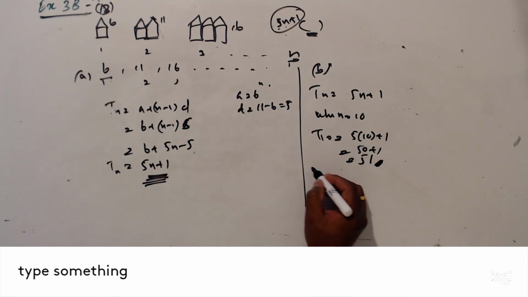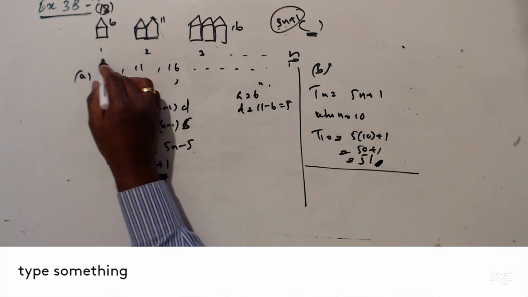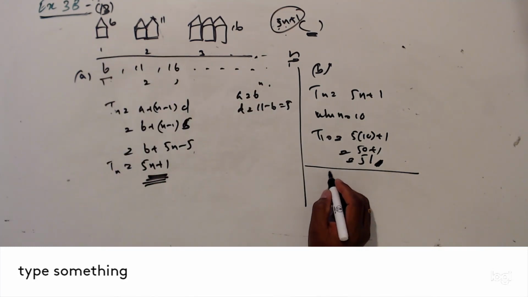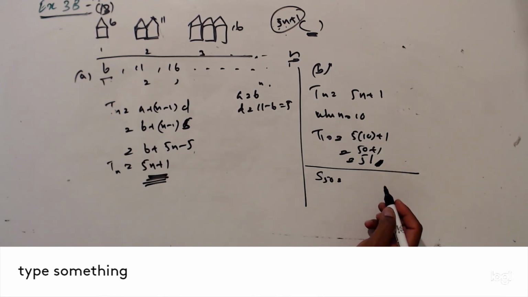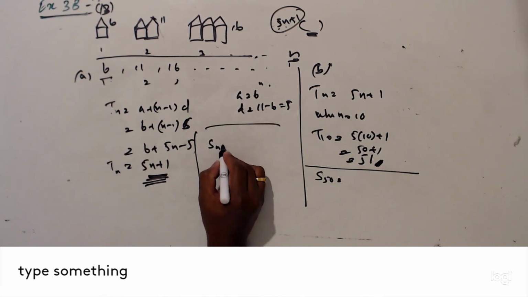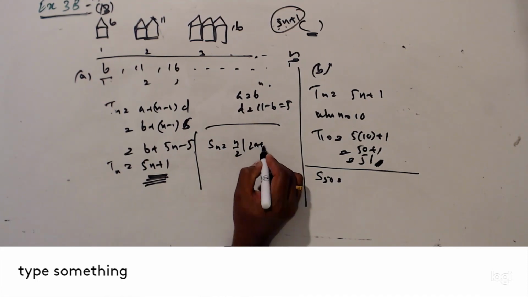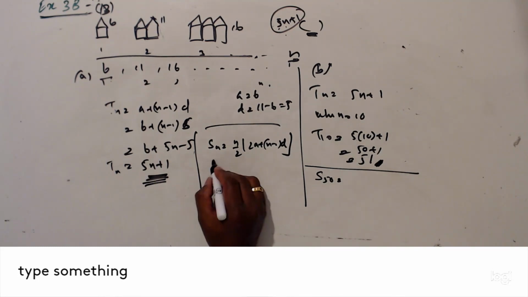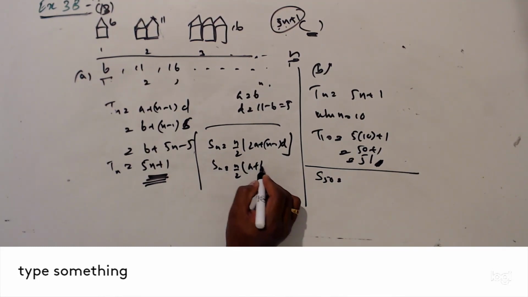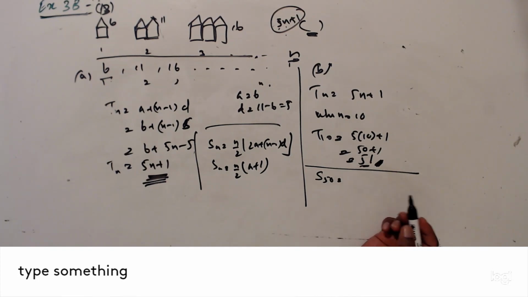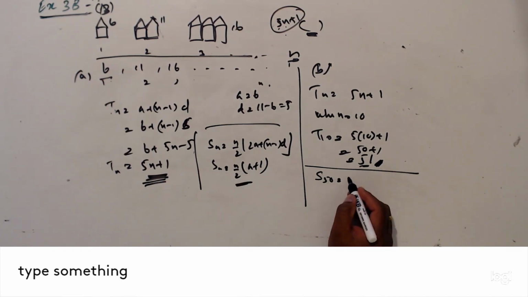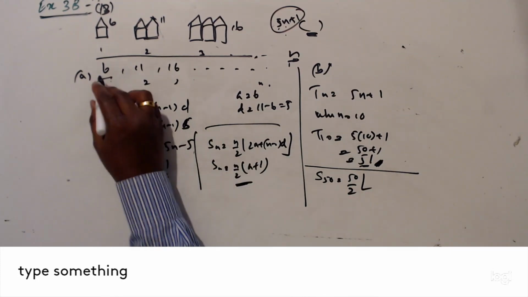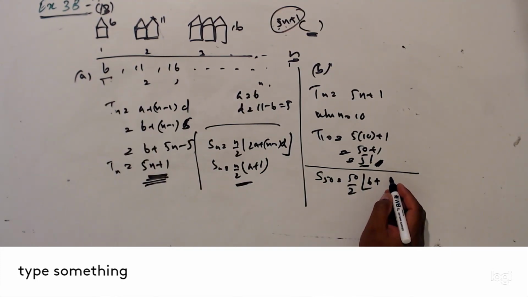Actually, we have to continue up to now. How many in total does she need? It means we want to find S50. We know that Sn equals n divided by 2 times 2a plus n minus 1 times d, or Sn equals n divided by 2 times a plus l. Since we know the last term is 51, we can use this one. 50 divided by 2, a is 6 and l is 51.